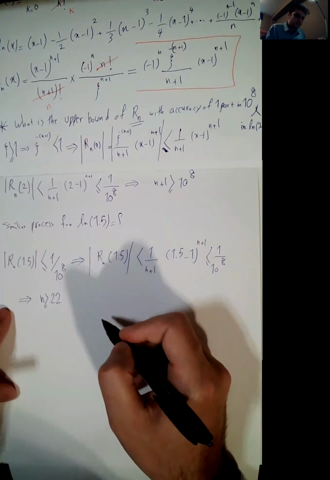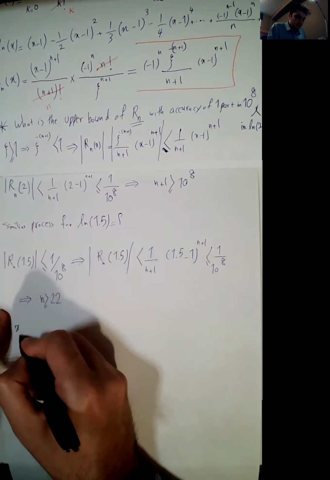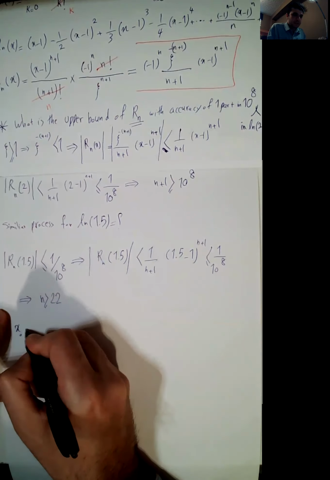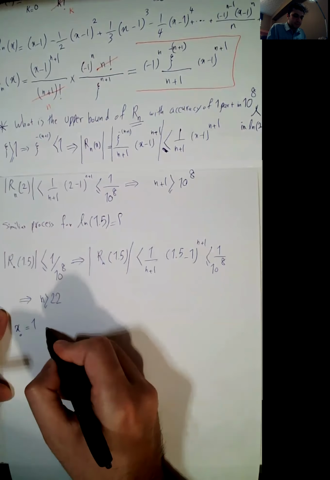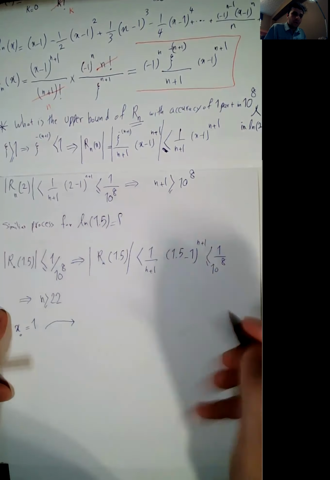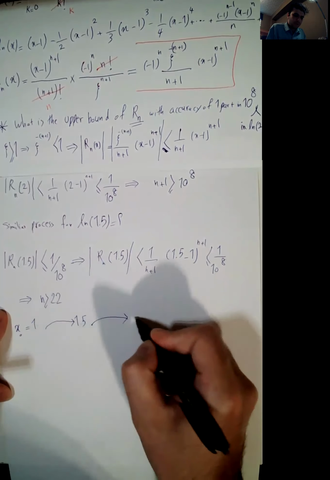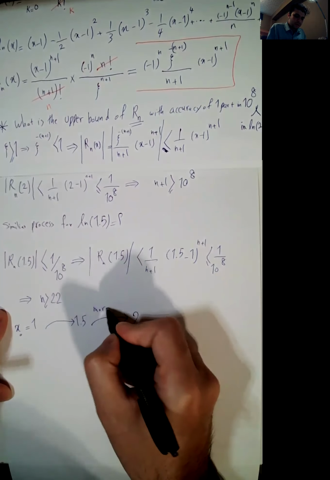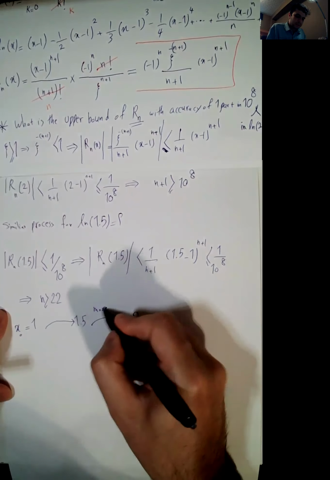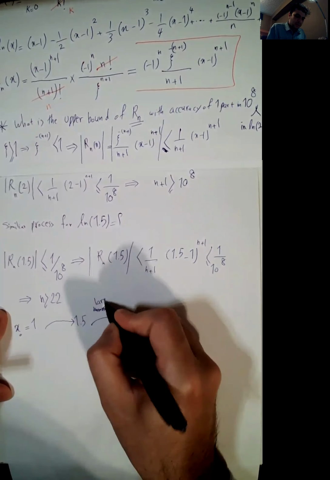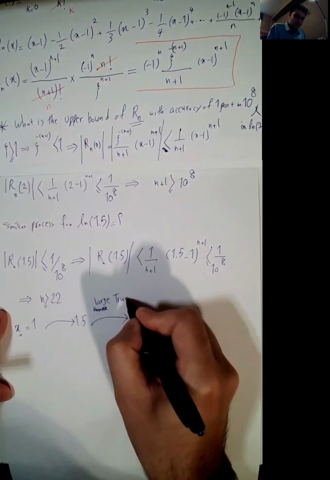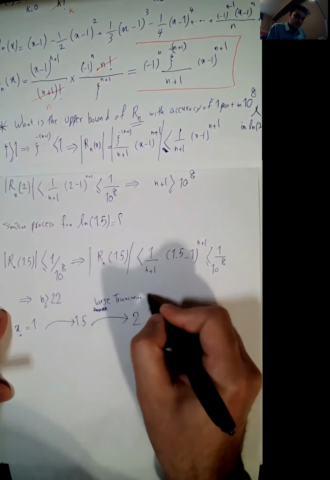Why? Because your Taylor series expansion is around 1. It means whatever you go away from this point, you have larger truncation error.